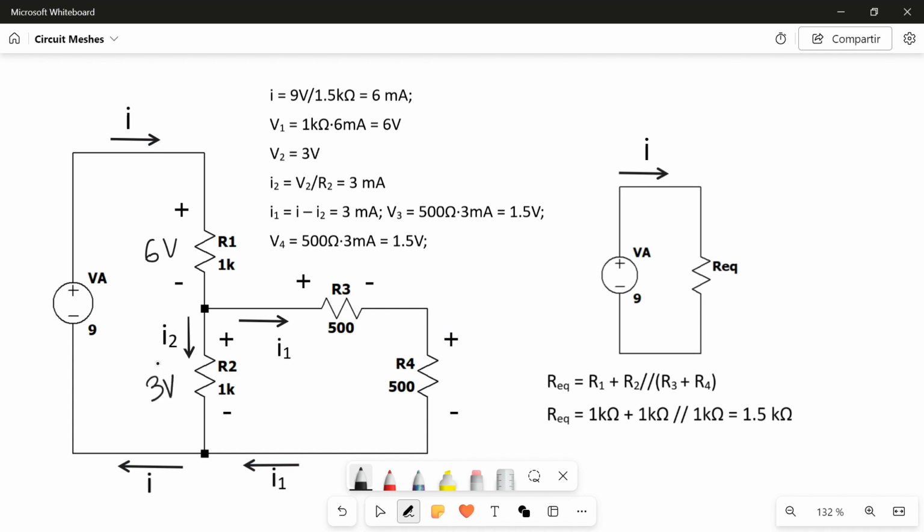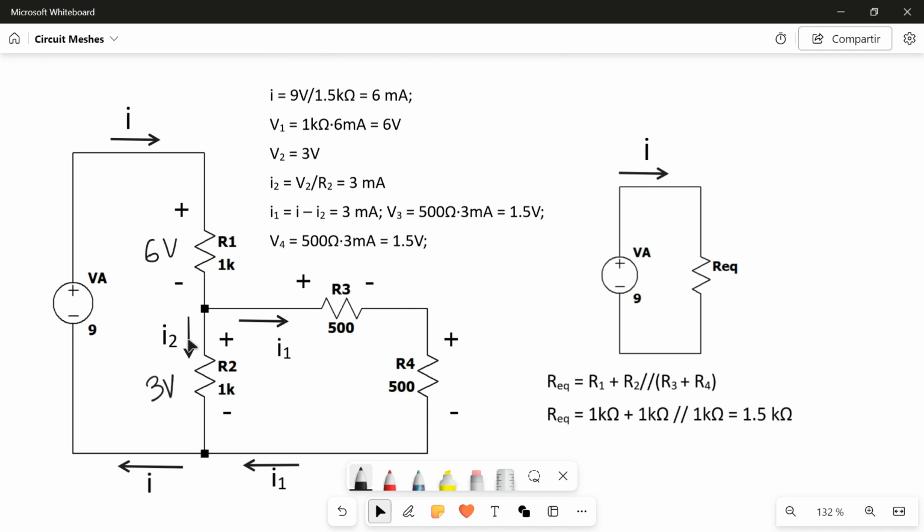You can do this with the mesh as in the previous video, but just look at the mesh. We have 9 volt from this point to this point, and we must have 9 volt from this point to this point for Kirchhoff's voltage law. So now we know the value of V2.